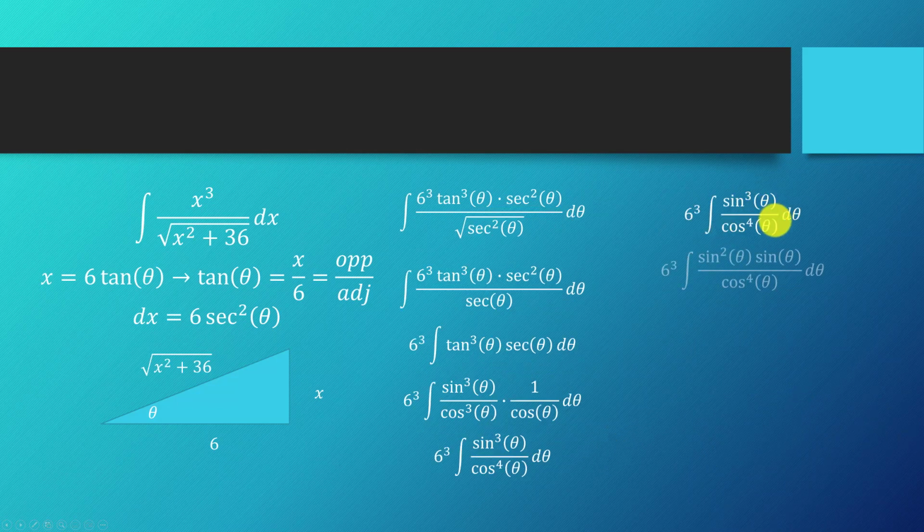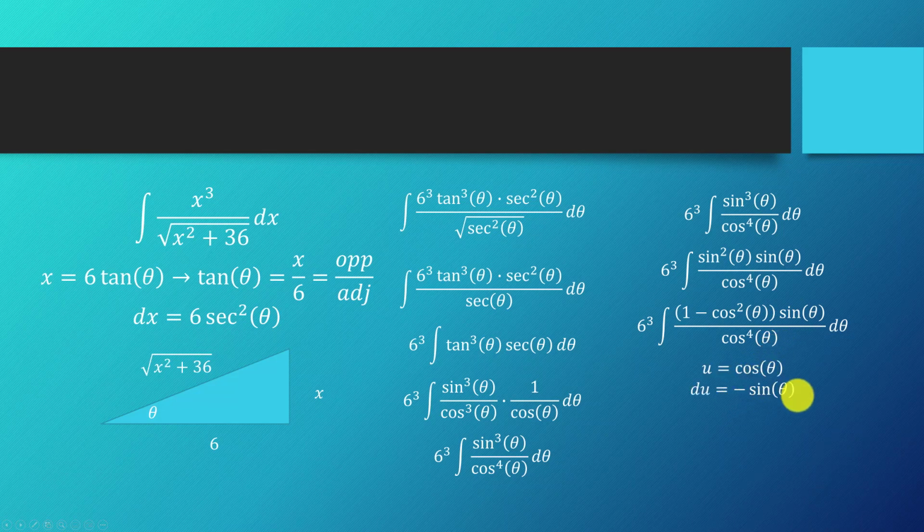Rewriting that here. And we're going to break that sine up, since it's an odd exponent, into an even number of sines and an odd number of sines. And then we're going to take that even number of sines and change it using the Pythagorean identity to cosines. So that'll be 1 minus cosine squared theta times sine theta. And now we're ready for a substitution. We can say u equals cosine theta and du equals negative sine theta.